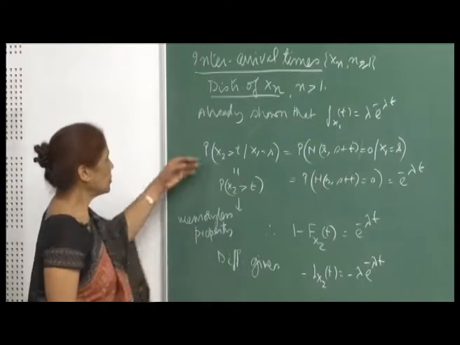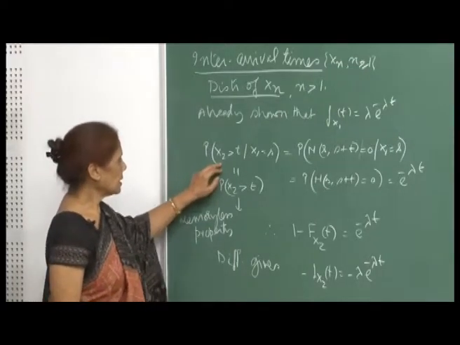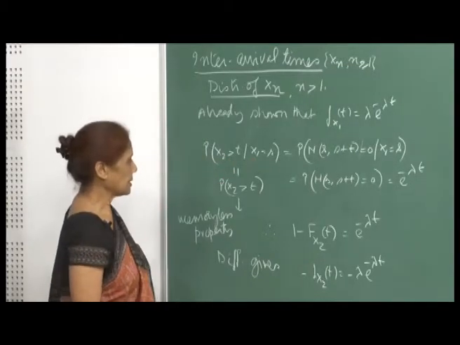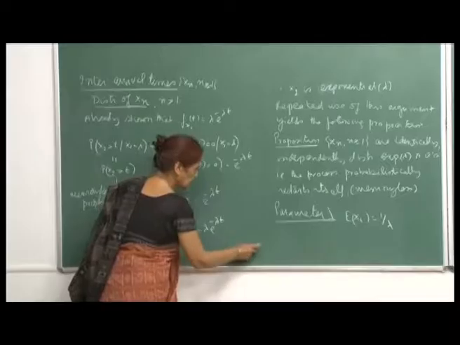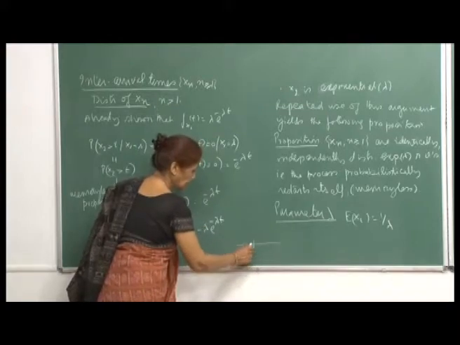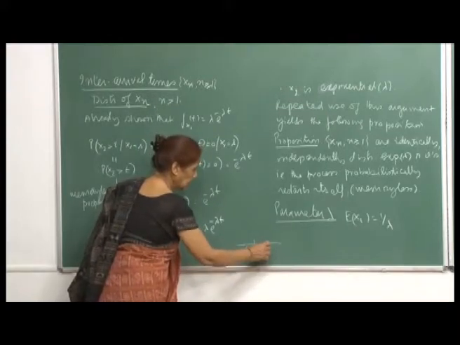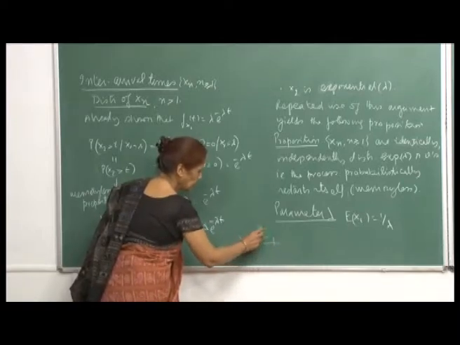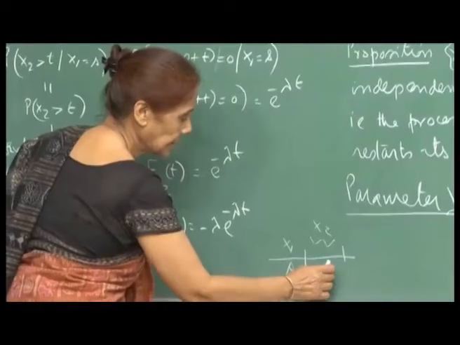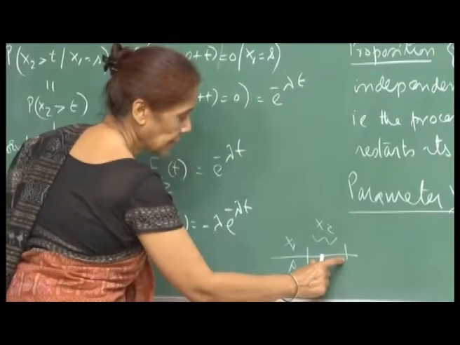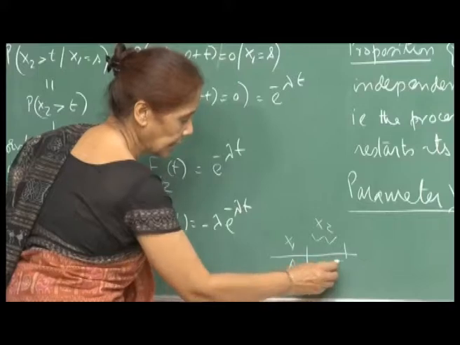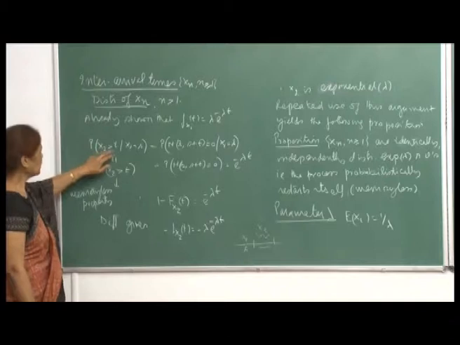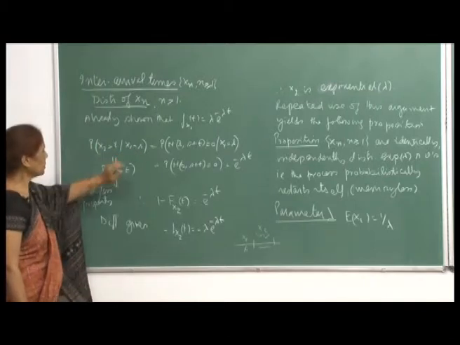Now, if you want to compute for x 2, let us look at the probability that x 2 is greater than t when x 1 is equal to s. Here the first event occurred at this time, and this was your x 1. Now, this time is denoted by x 2, and we are saying that this is greater than t. If this time is greater than t, that means there is no arrival in this time, so you are looking at the probability of x 2 greater than t conditioned on x 1 being s.